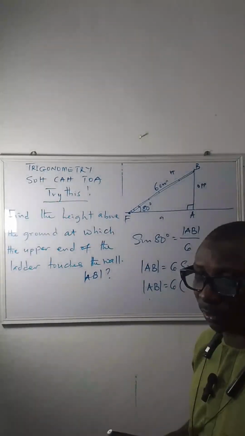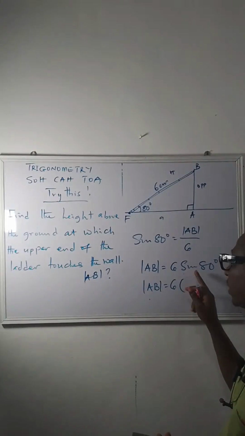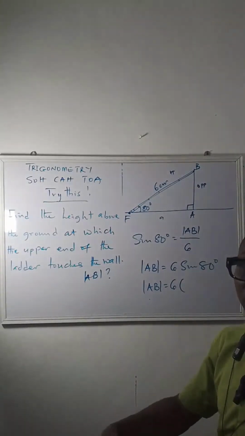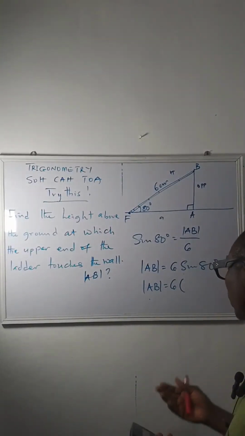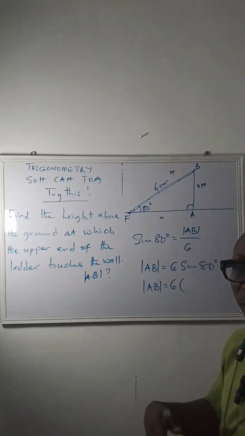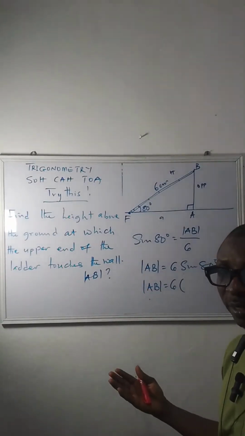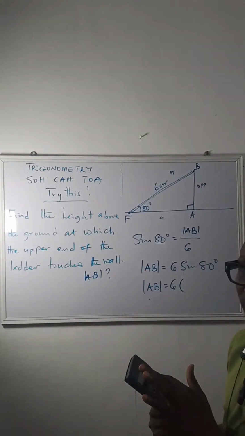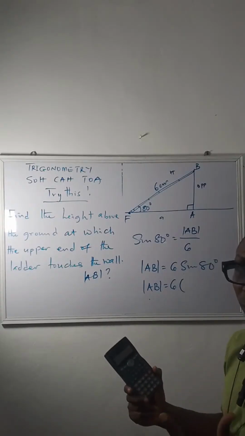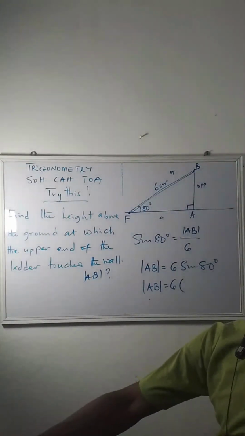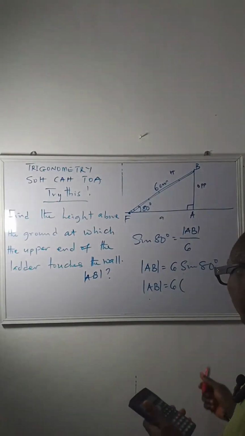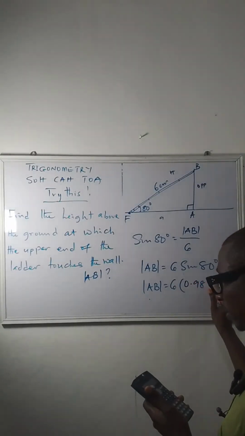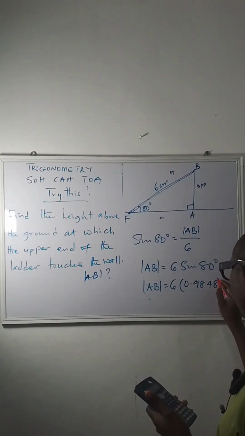If you punch your calculator, you just press sine 80 degrees. I told you earlier, you correct your answer to 4SF because the four-figure table is always in 4SF, so that you are on the same side with those using the four-figure table. So now you have 0.9848.